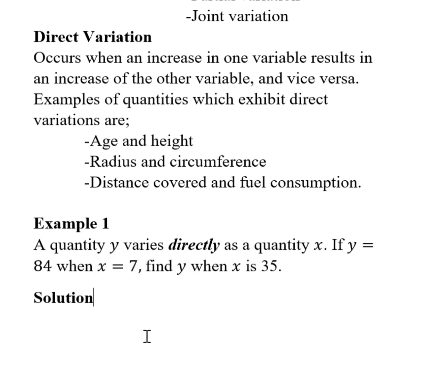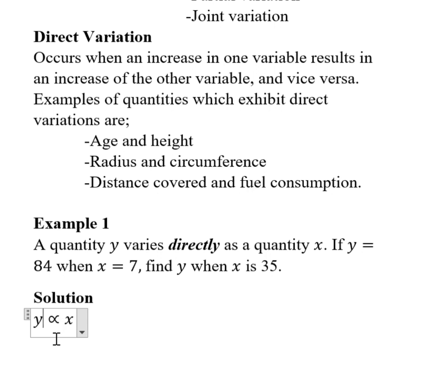In that case, we have two quantities, or variables, y and x. Because they are related directly, we shall write it as y varies as x. We read it as y varies directly as x. This symbol means varies as or changes as.